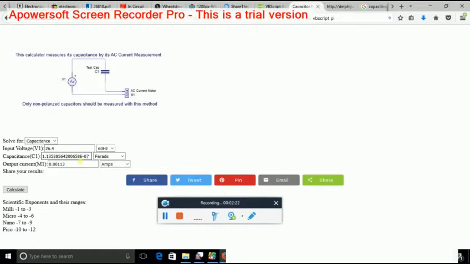So the first digit of that number goes into the hundreds place. And that makes it 114 nanofarad, which is very close to 100 nanofarad. And if you want, you can also share your result with someone, just in case you're working with someone on it.